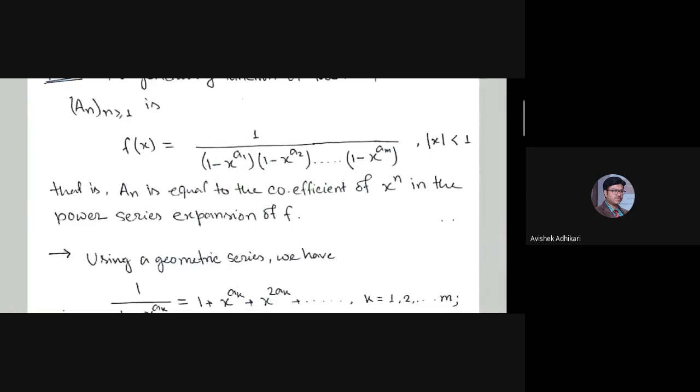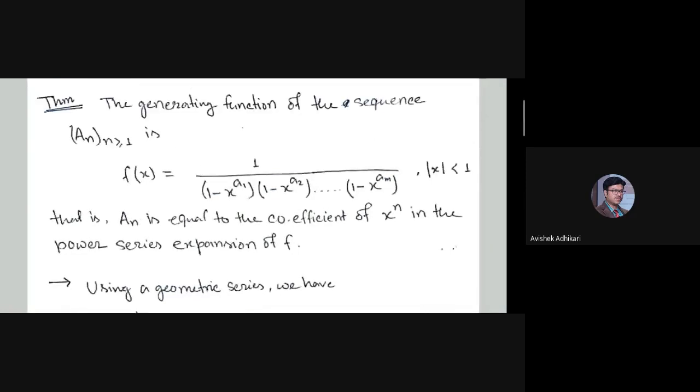We can write this theorem simply as: an is equal to the coefficient of x^n in the power series expansion of f. I mean to say that an is the number of solutions of the form a1x1 + a2x2 + ... + amxm = n, the number of solutions of this linear Diophantine equation.